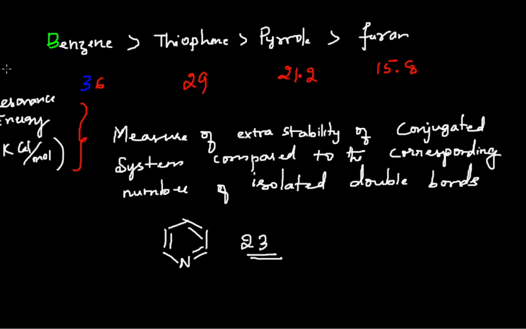Okay, what is the consequence of this? Just take furan. Furan is the least aromatic among this lot. So in terms of its reactivity, what might be the consequence? The first consequence of furan being least aromatic is that in places where electrophilic addition is possible, furan undergoes addition.